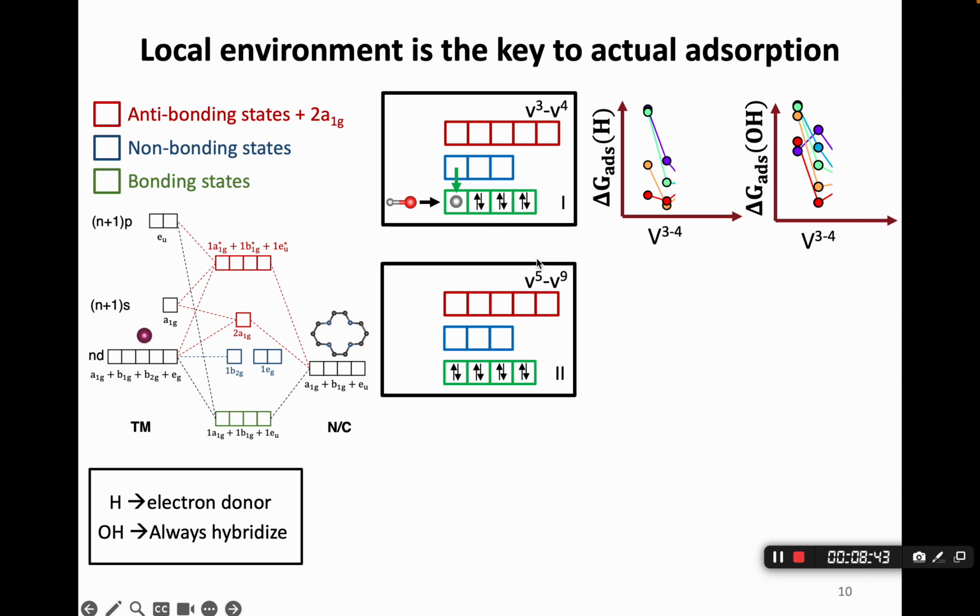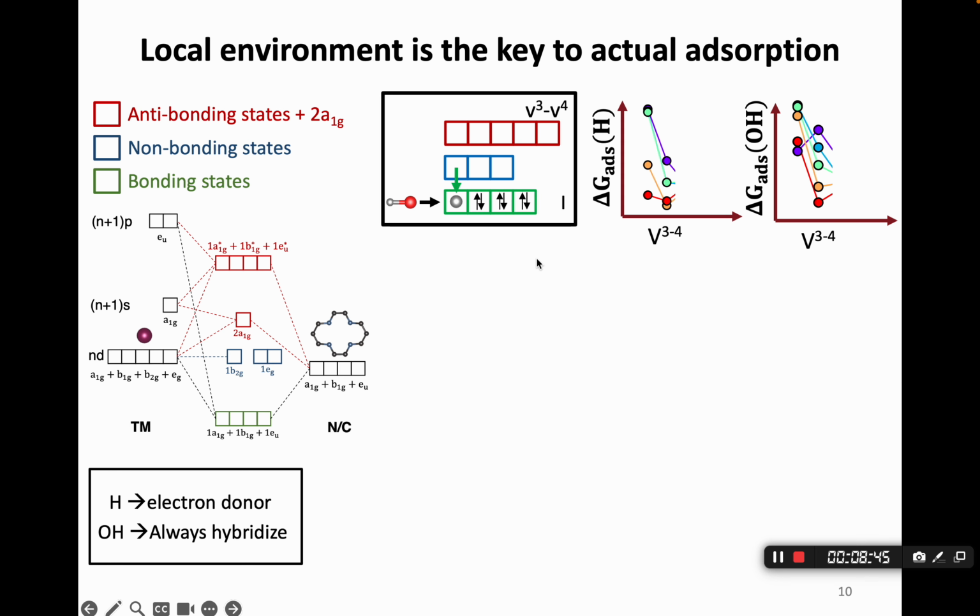As a result, if you look at the absorption energies for both cases, they will be very different, because it's related to the exact local structure and how hybridization goes on. Hybridization controls the energies of the bonding state.